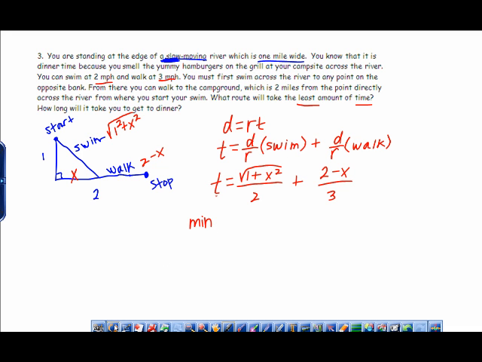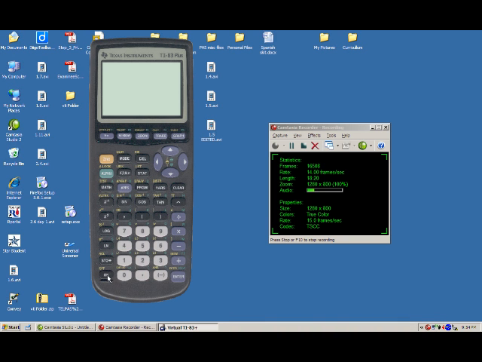All right, so let's plug this into our calculator. If you think you can do this without me, go ahead, work fast. Okay, so square root of 1 plus x squared, divided by 2. Make sure that divided by 2 is not within the square root. Plus, in parentheses, 2 minus x, divided by 3.